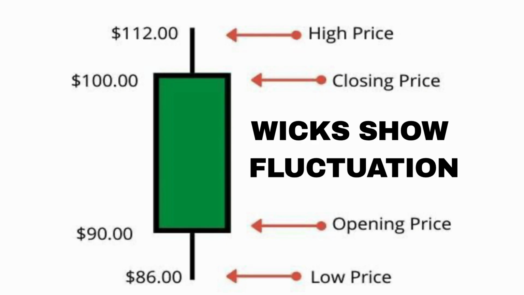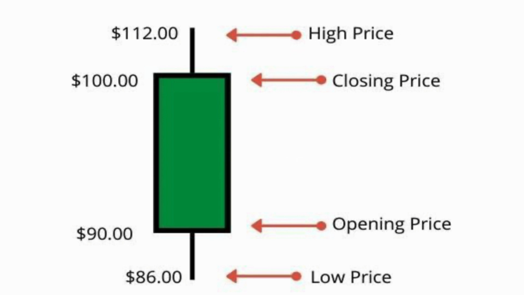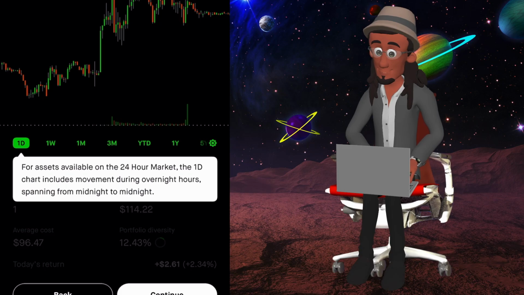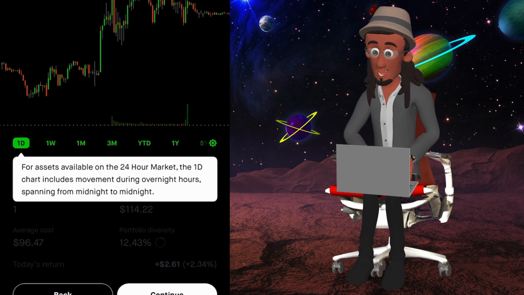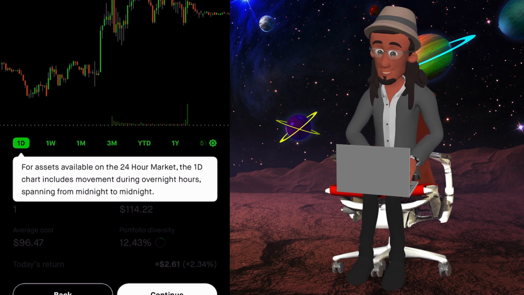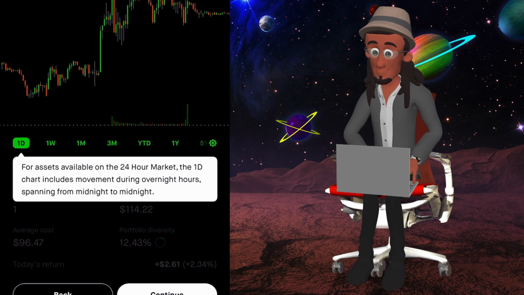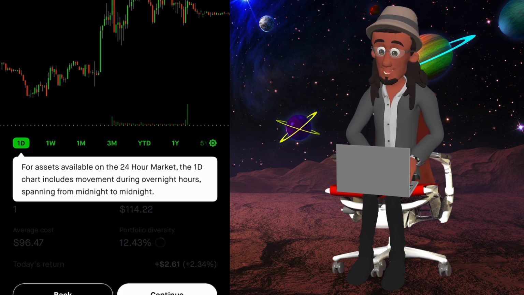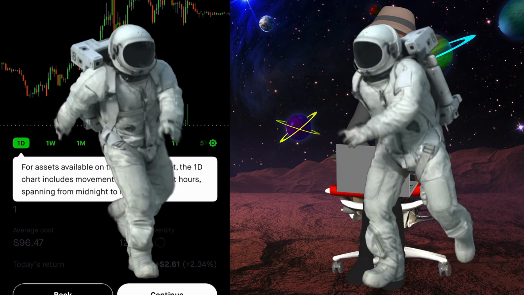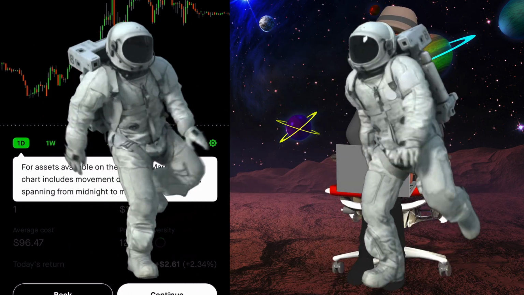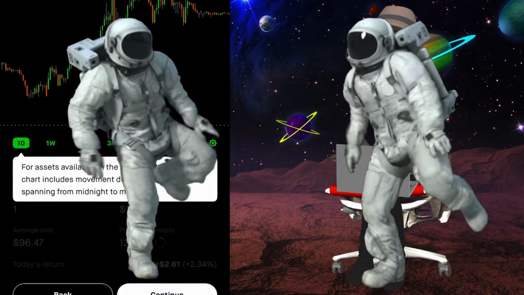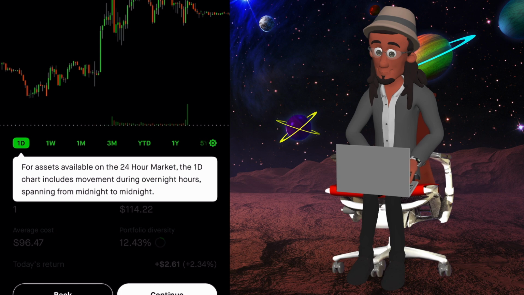Despite all the fluctuations, it closed $2.78 above the price it opened at. But now after hours, from 4:01 all the way until the market opens again, the after hours are going to reflect how much the price has changed since its close. So you can adjust the chart to show what time frames you want to see.